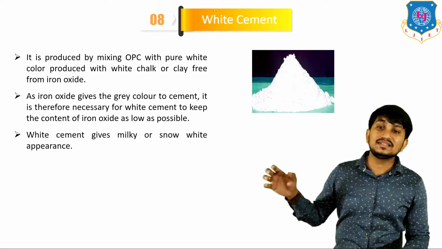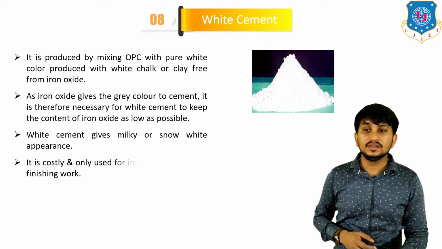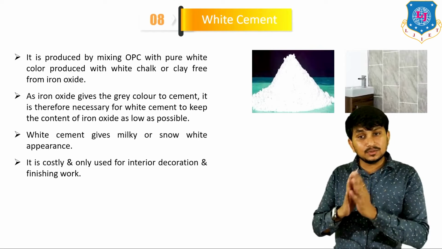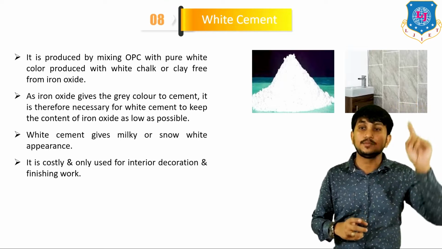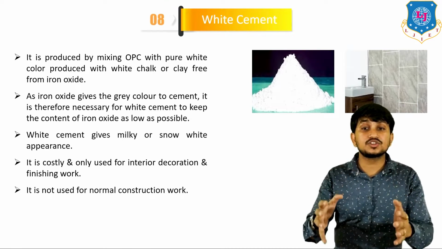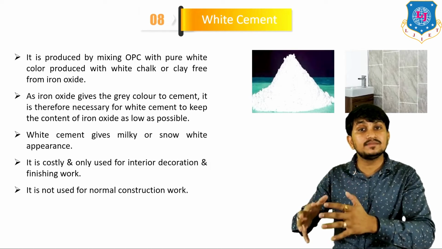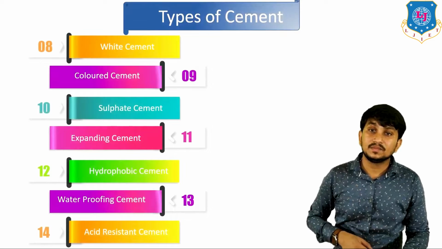White cement gives a milky or snow white appearance. It is costly and only used for interior decoration and some finishing type of works. It is not used for normal construction of slabs, beams, columns, etc. That's all about white cement.